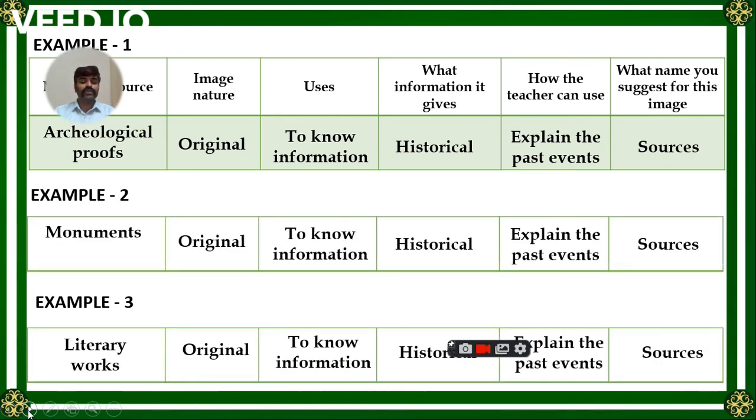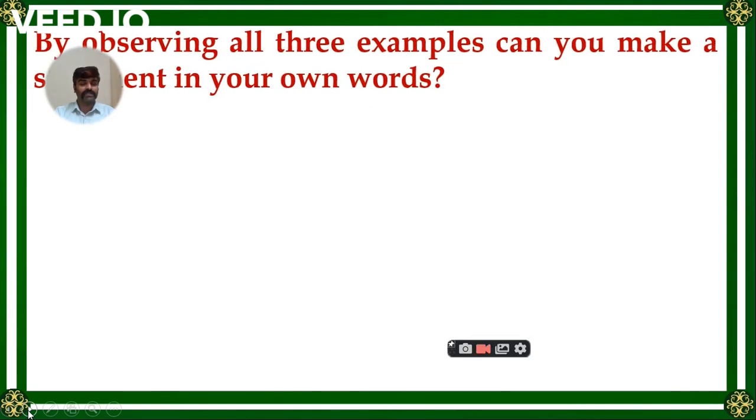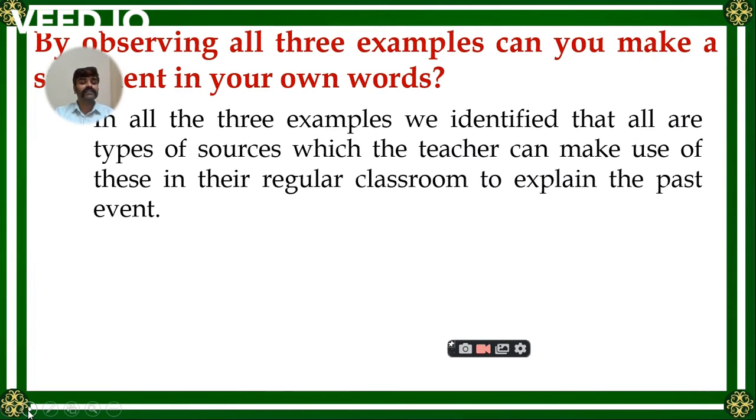Now the question is, by observing all these three examples, can you give a generalized statement, or a statement based on commonalities, in your own words? Yes, exactly. In all three examples there are different types of sources which the teacher can make use of in the regular classroom, and which explain the past event. That is correct.